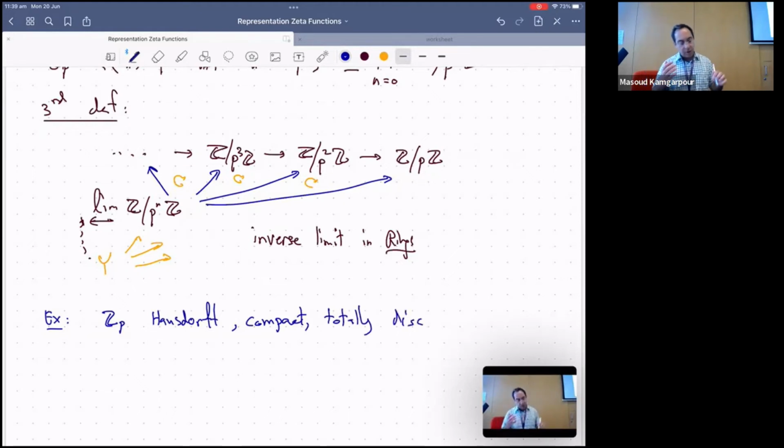These are all topological features. But now algebraically, it's a local ring. So it has a unique maximal ideal, and here it is.